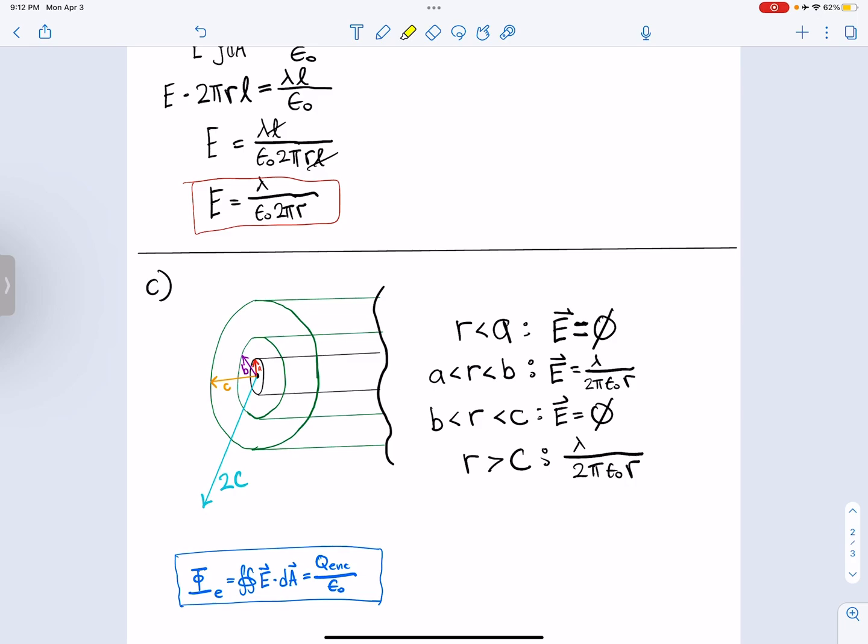And you see these two values for electric field are equal, and they're both an inverse, 1 over some constant over r.